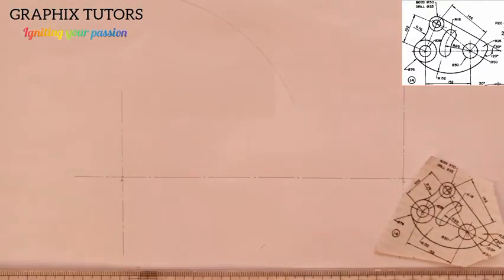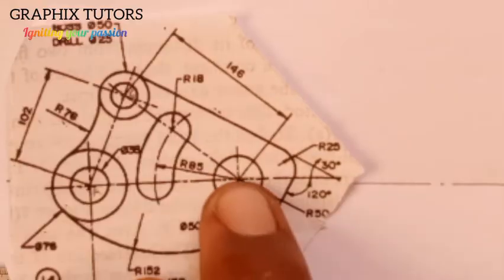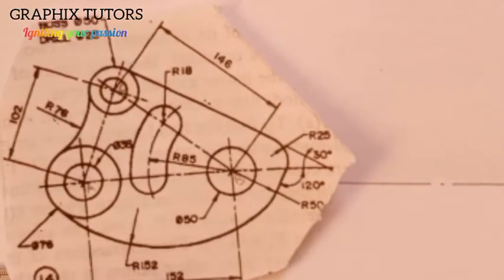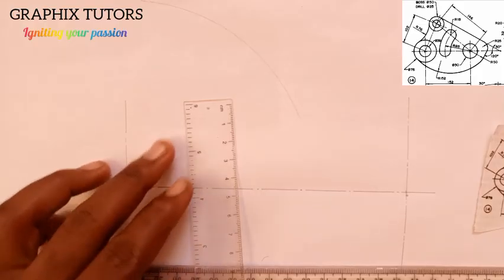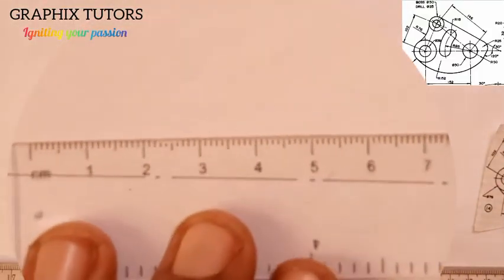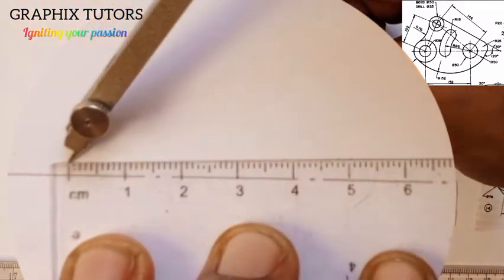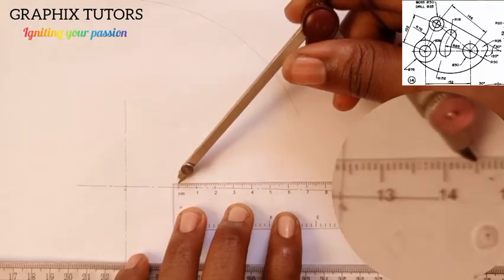Now the next thing I'm going to do, if you watch closely again, is the distance from this center to this center, that is from B to C, which is 146. So I'll also measure 146 with my meter rule. From 0, this is 140, then 145, 146 here.